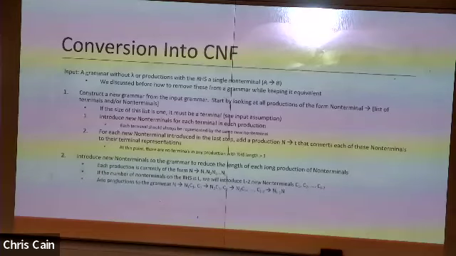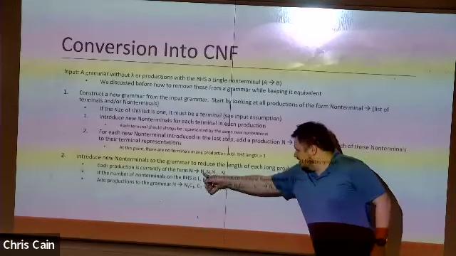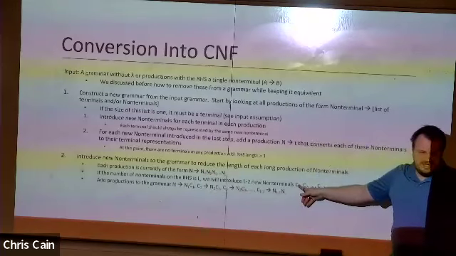We can add some additional productions to the grammar at this point that basically say we're going to start with a single non-terminal N, and that is going to map to N sub 1, which is the old production here, and the new one, C sub 1.